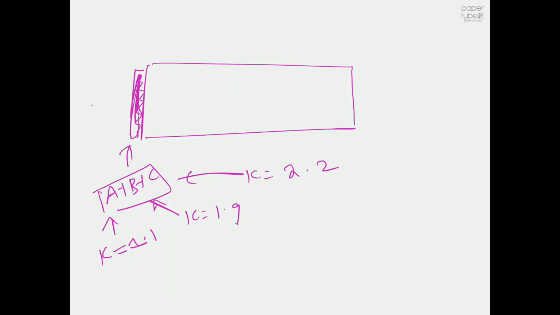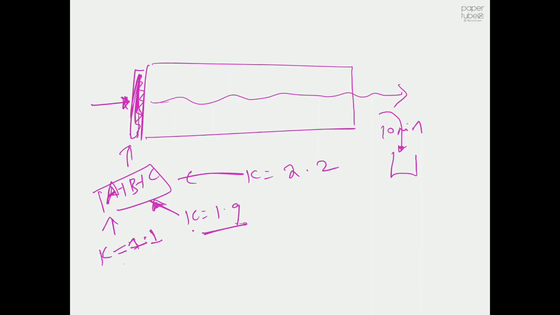Once you pass your mobile phase, analyte A, whose K value is 1.1, should elute faster, say in 10 minutes. So you can put a beaker and collect your compound A. Analyte B, whose equilibrium constant is 1.9, will elute, say, after 60 minutes, and at that time you can collect compound B. Analyte C, which has a K value of 2.2, will elute too.